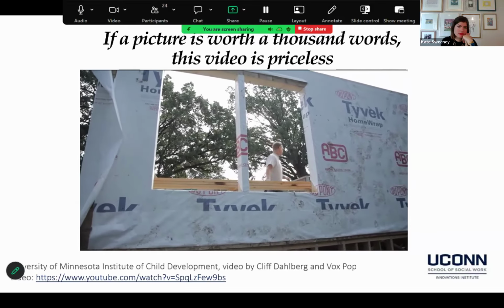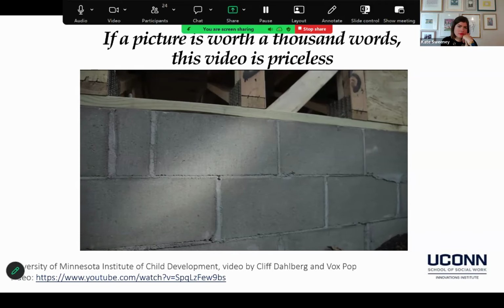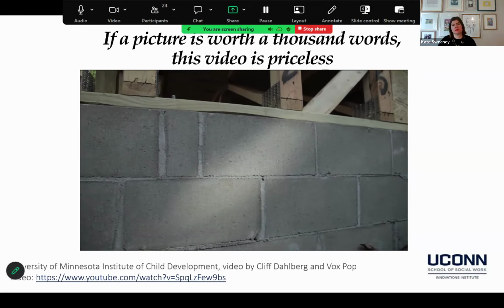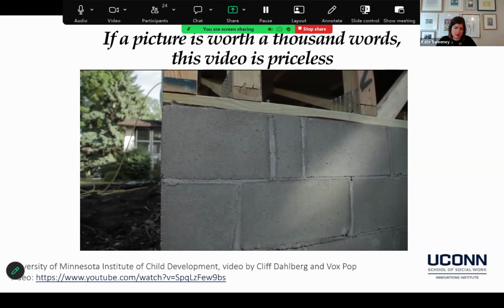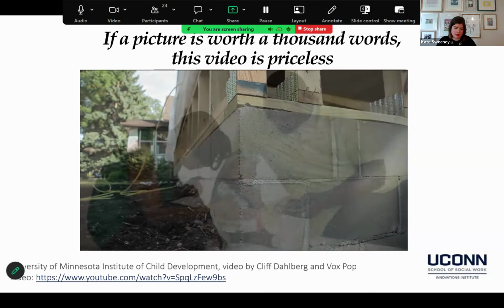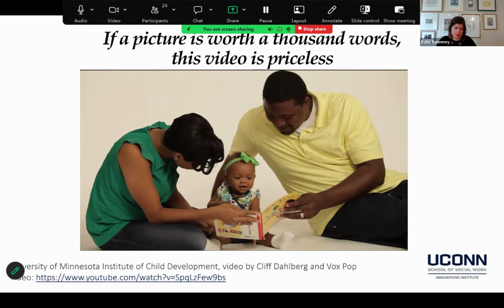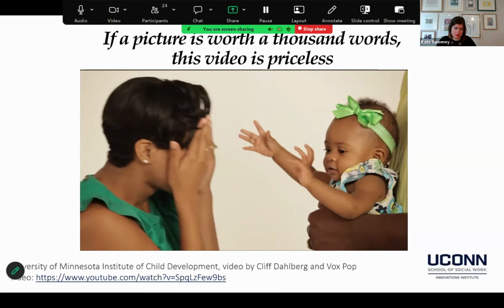So one way to think about the development of brain architecture in early childhood is it's a lot like building a house. And as when building a house, the developing brain requires a sturdy foundation. A proper brain foundation needs responsive and nurturing adults.